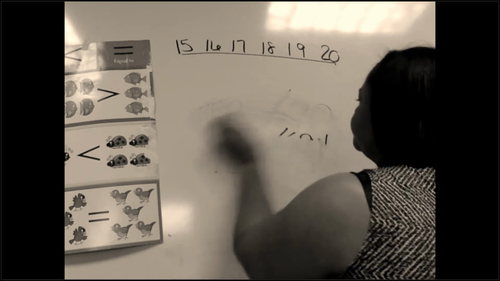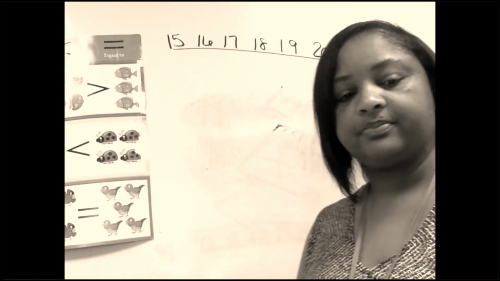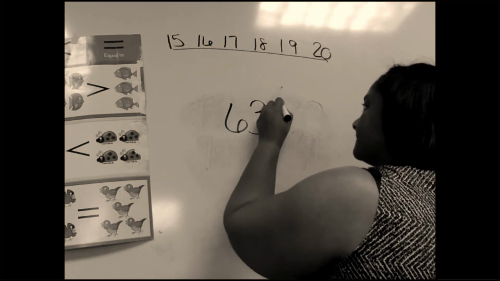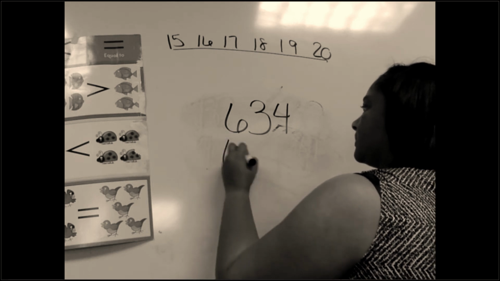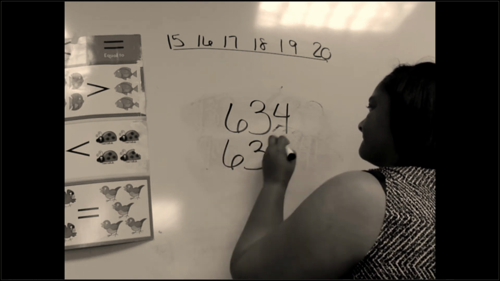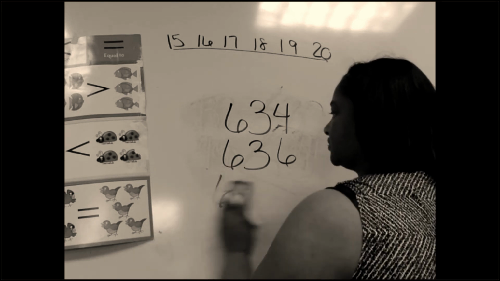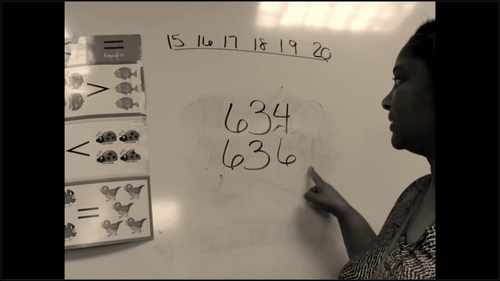Well, what do you do if you have three numbers that are basically the same? So let's look at that. We'll do 2 first. All right, so I'm looking at my number. Now I'm going to go to my 1 spot.